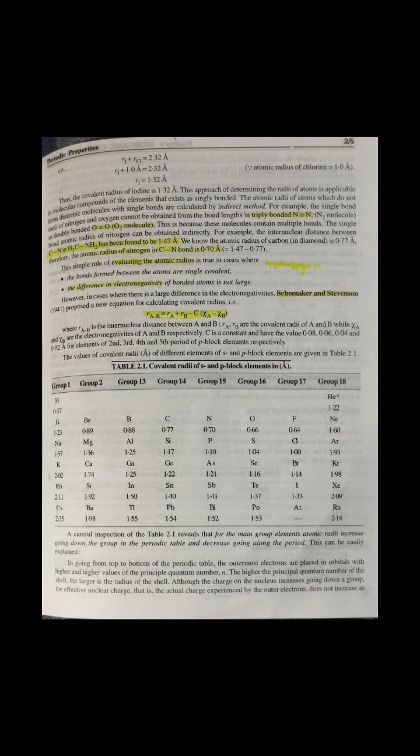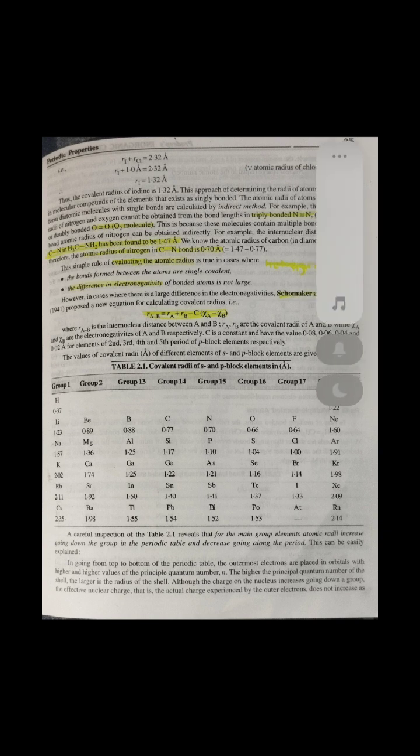For example, the internuclear distance between carbon and nitrogen in H3C-NH2 has been found to be 1.47 angstrom. We know that the atomic radius of carbon is 0.77 angstrom.